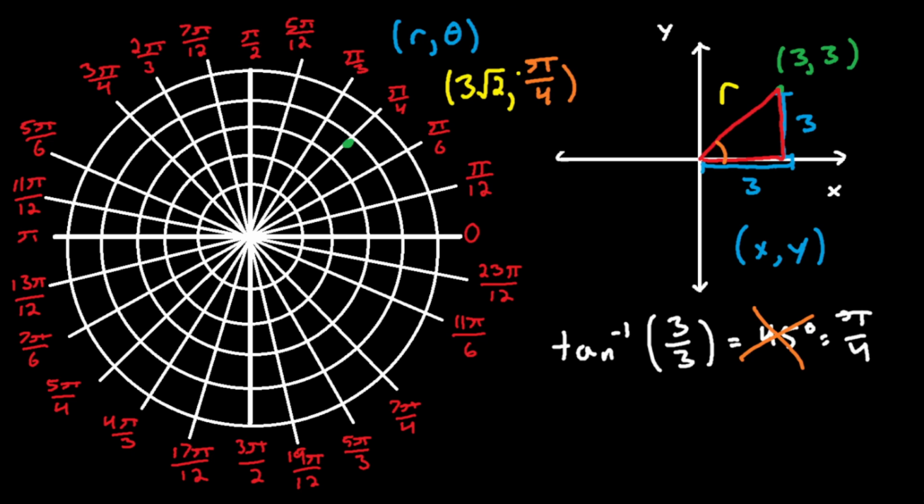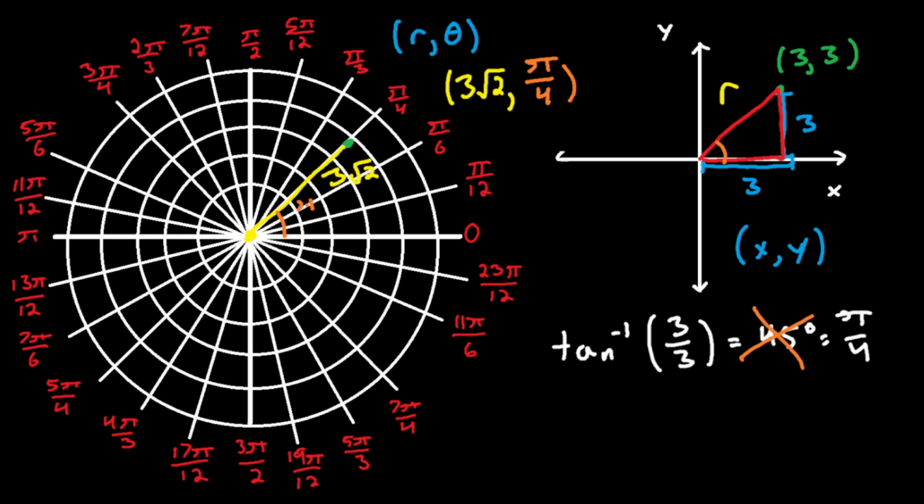So what does this mean? Well, r stands for 3 square root of 2. So 3 square root of 2 should be the distance from the origin to your point, which makes sense here, right? And the angle that this line makes with the positive x-axis, whatever you want to call it, will be your theta value.